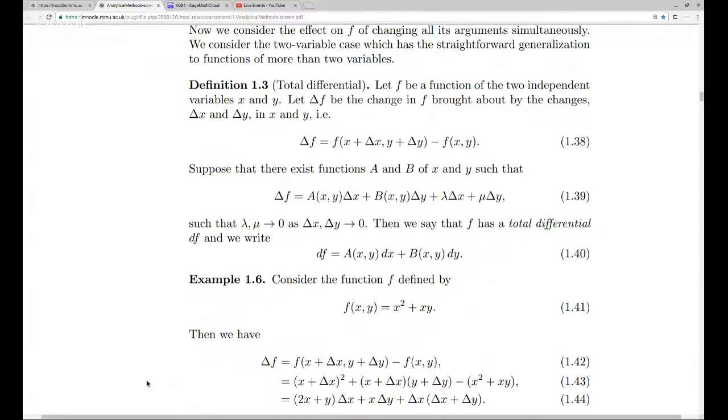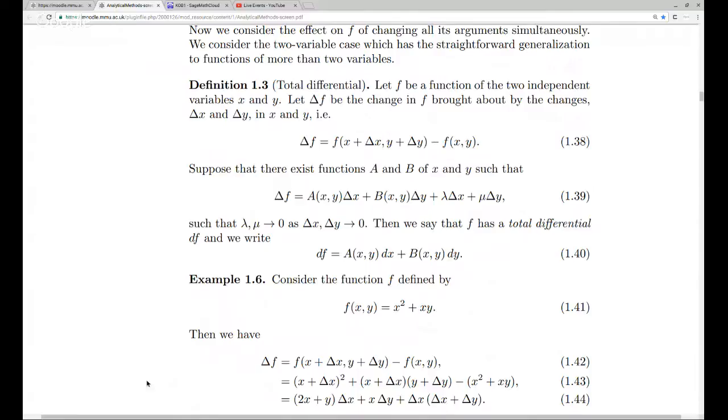Now, a total differential is a thing which is attached to nicely behaved functions. As long as our function is nicely behaved, it'll be true that this change in value of the function f can always be reformulated in this kind of way.